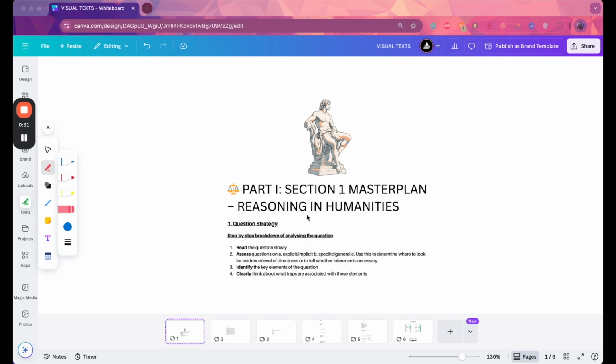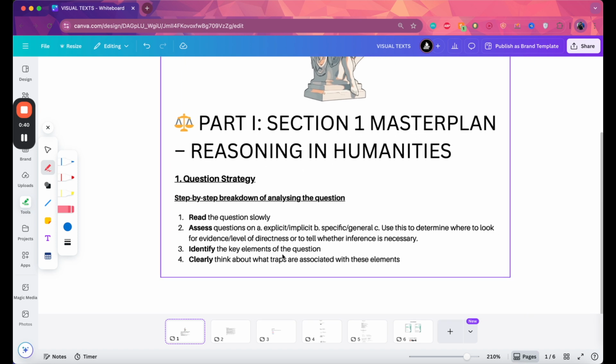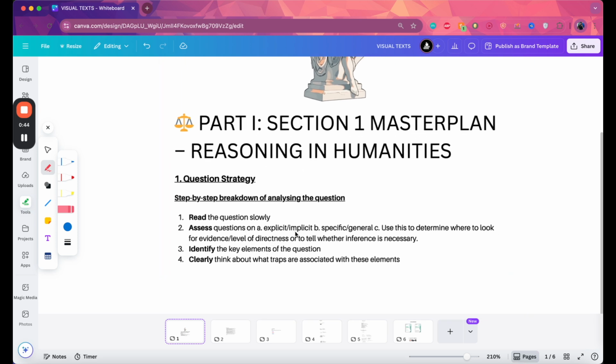So in terms of the question strategy, there's a step-by-step breakdown of how to analyze the question. First of all, you're going to read the question slowly. You're going to assess the questions on an explicit and implicit basis, so whether the information they're asking us to find is explicitly stated in the text, or whether it's implied.